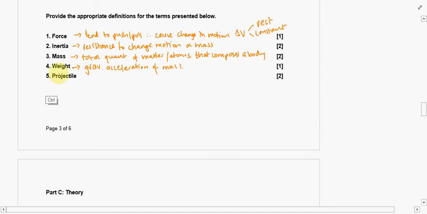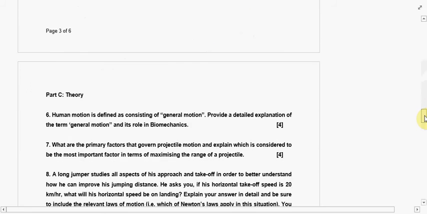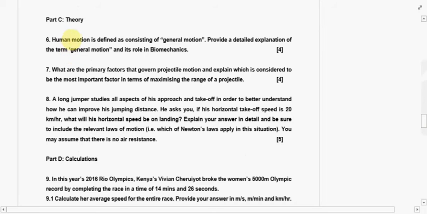When we look at projectile motion, a projectile is defined as an unsupported body that is basically just subjected to gravity and air resistance. Brief overview of general motion. General motion consists of translation and rotation, so your job is to define both of these aspects.